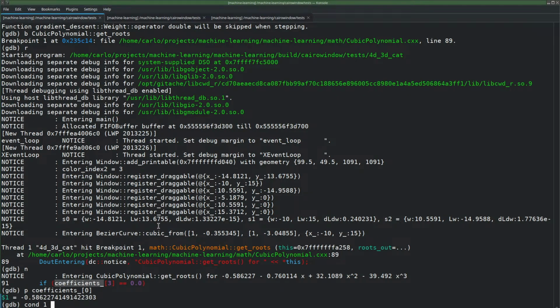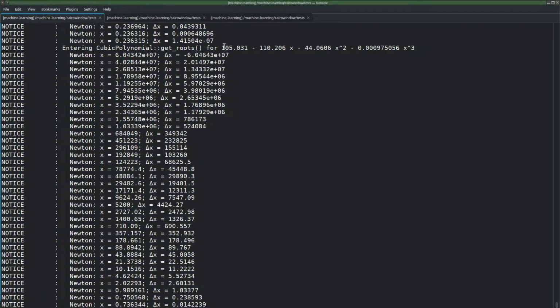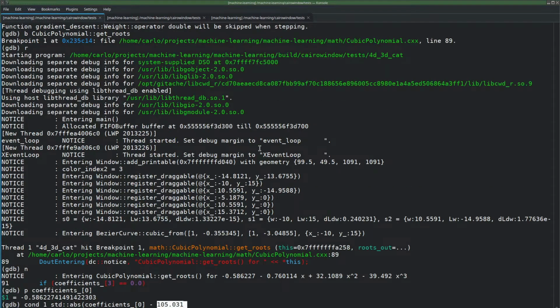The absolute value of coefficient 0 minus that value is less than 0.001.